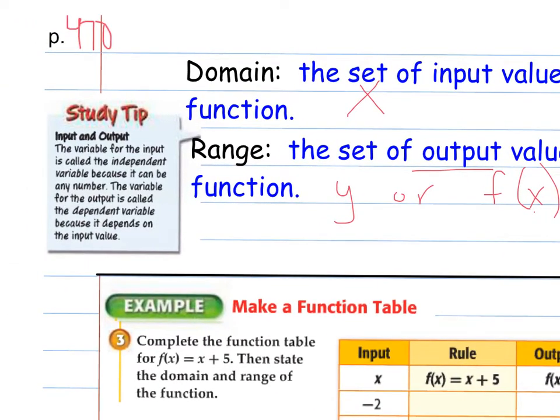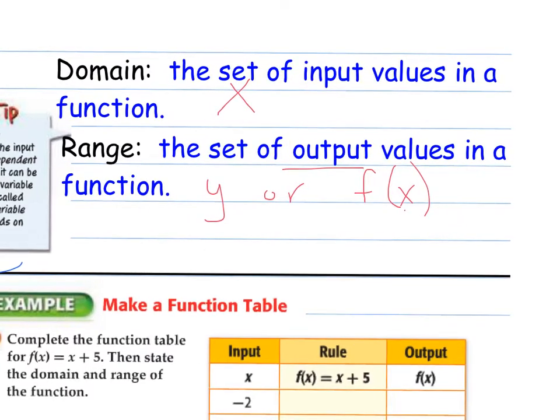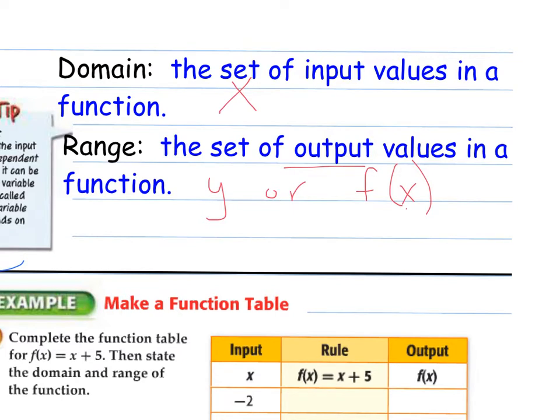So remember the variable, and there's a little study tip for you. Input, output. The variable for the input is called the independent variable because it can be any number. The variable for the output is called dependent because it depends on the input. We've talked about this before, independent and dependent.